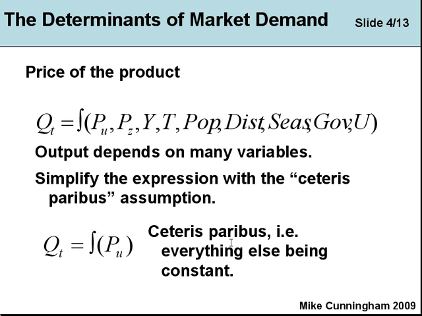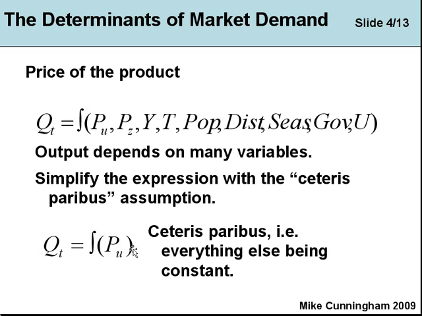So where's everything else gone? Where's all of this lot gone up here? Well, we've assumed it to be constant, everything else being constant. In other words, it doesn't influence anything, it's constant. We're making that assumption. It may not be a reasonable assumption to make, but it's what we do all the time. We focus in on something and see what the relationship between that and something else is, even though there are other influences.